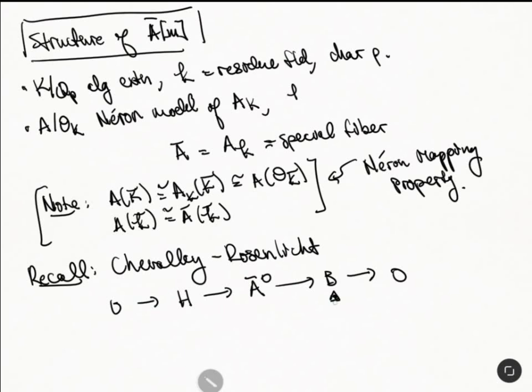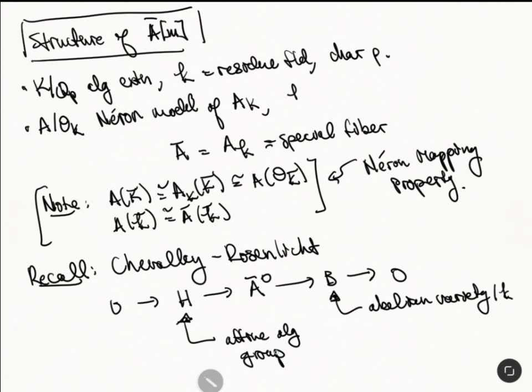This is an abelian variety over K, and this part here is an affine algebraic group. In general, if this is just solvable, it would be a semi-direct product.